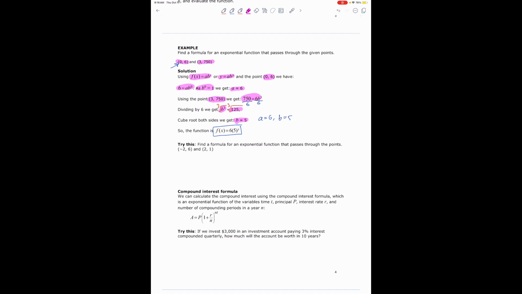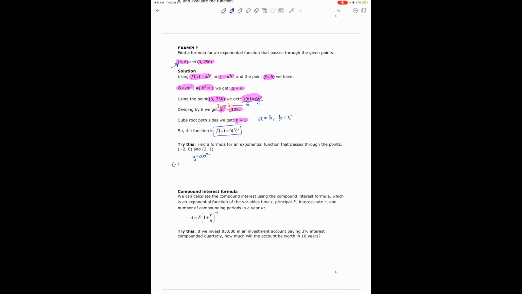To find the formula for the exponential function that passes through the points (-2, 6) and (2, 1), we can assume the function has the general form y equals a times b to the x power, just like the previous one. And then we are going to find a and b. First, let's plug in the point (-2, 6).